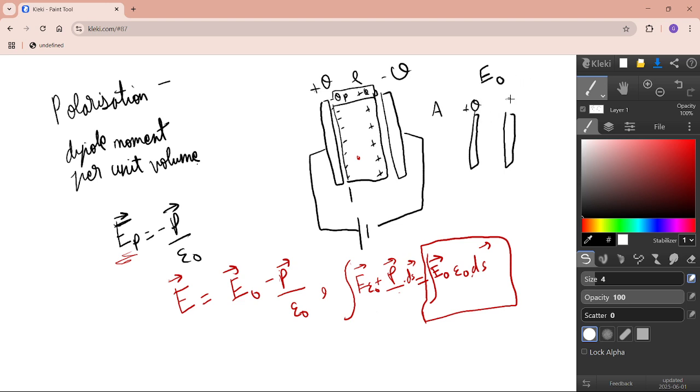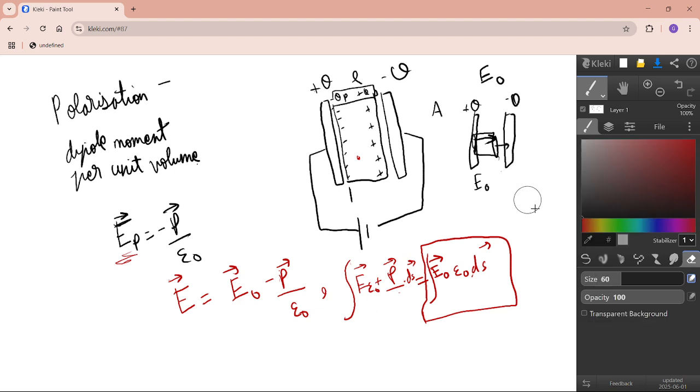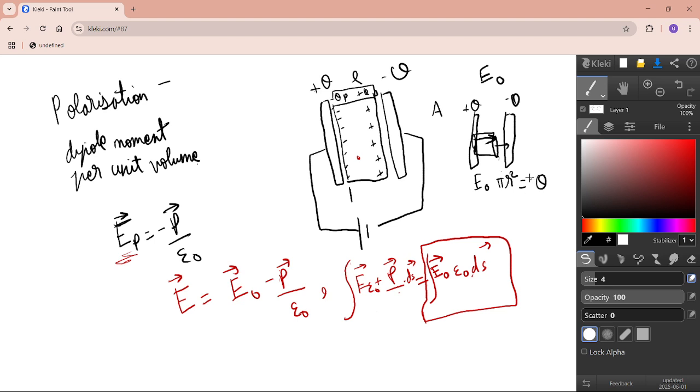Now, by Gauss's law, if we take this as a Gaussian surface, the electric field E naught dotted with ds is equal to the charge inside, which is called the free charge, QF, by epsilon naught.